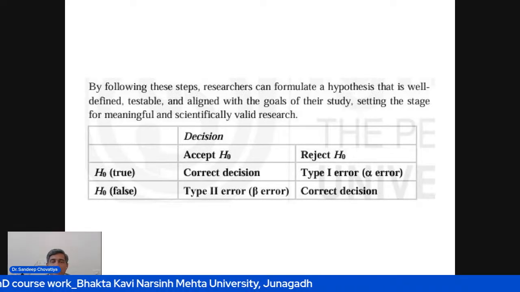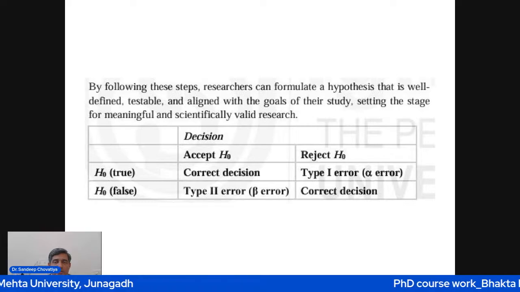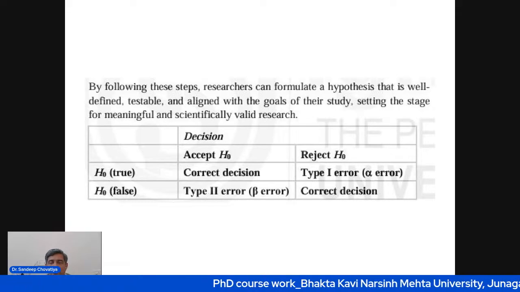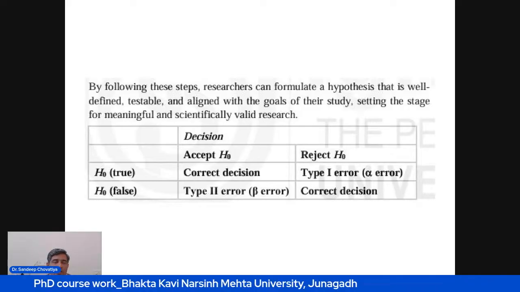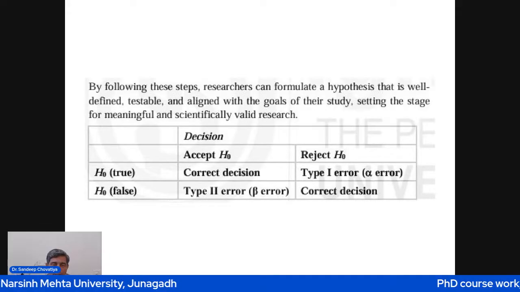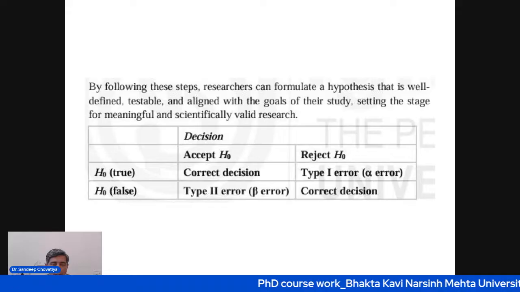If our hypothesis is true and we reject it, then it is a type 1 error for us, which is also known as the alpha error. If our hypothesis is false and we still accept our null hypothesis, then it is a type 2 error, which is known as a beta error.